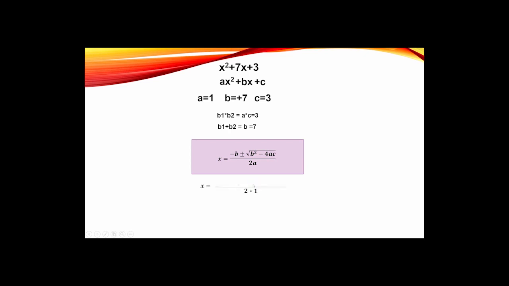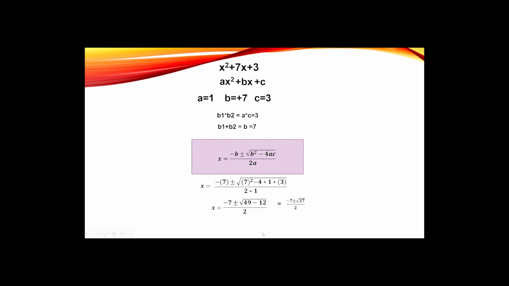Okay, we have x equal to minus 7 plus or minus square root of 7 square minus 4 into 1 into 3, whole divided by 2 into 1. We have x equal to minus 7 plus or minus, 7 square we have got as 49, minus 4 into 3, that is minus 12, whole divided by 2, which is equal to minus 7 plus or minus square root of 37 by 2.